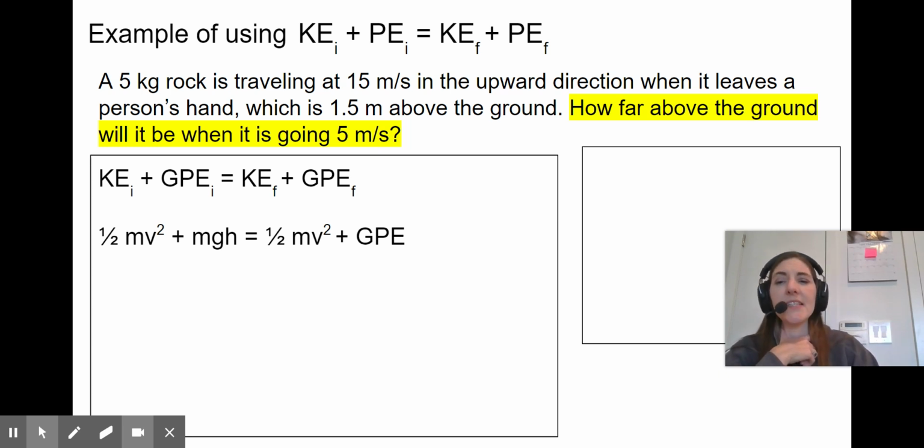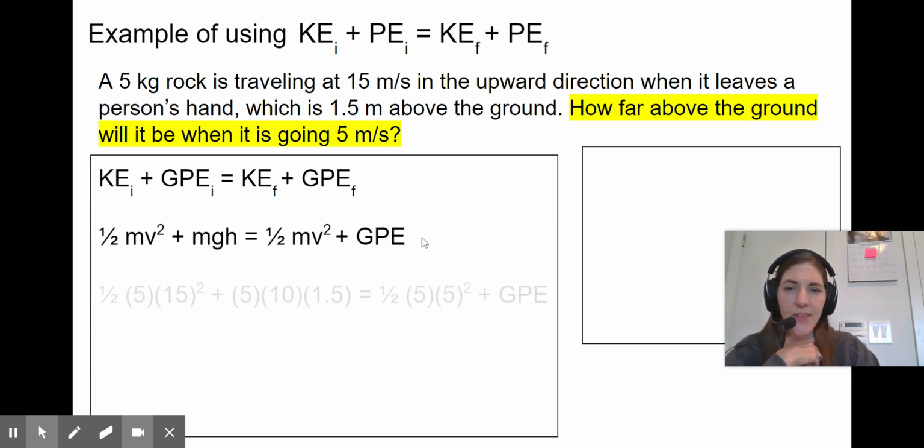So basically what I'm saying is that the energy I have initially has to be the same total amount of energy I have when this rock is 5 meters per second at some point above the ground.